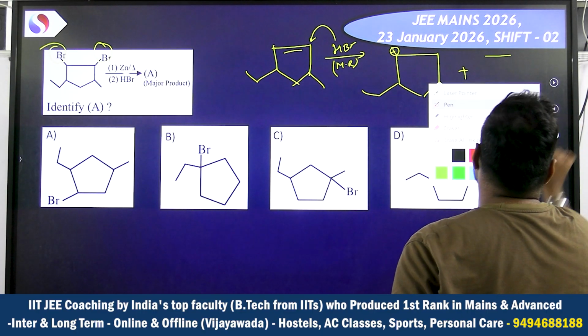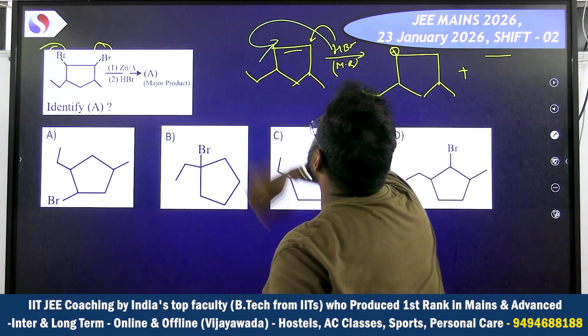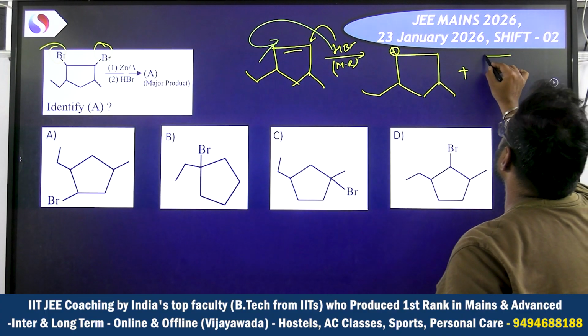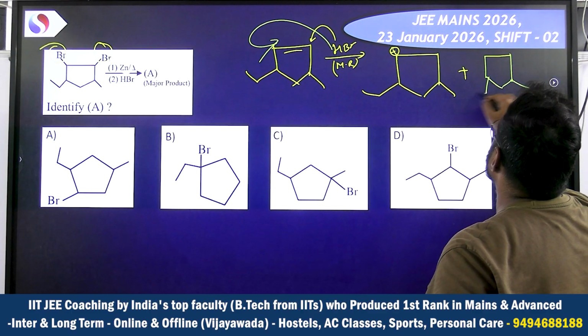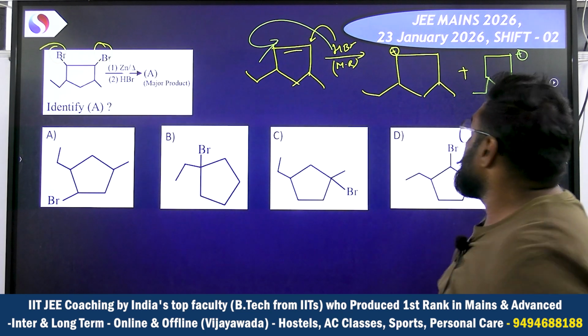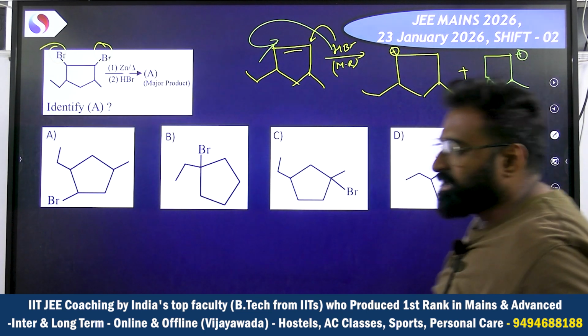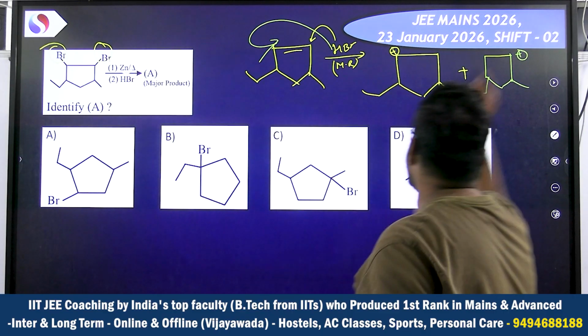In the second condition, H plus is attacking over here. So the next compound will look like this. This will be H plus. Correct? Now both of these can undergo rearrangement.